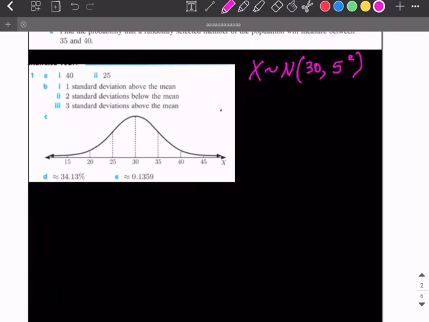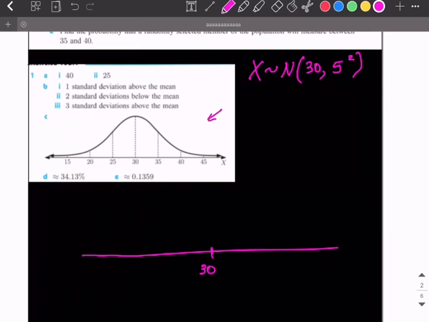Now, you can see the graph here, but I'm going to give you a couple of hints. So I start at 30. And now how do you use this 5?